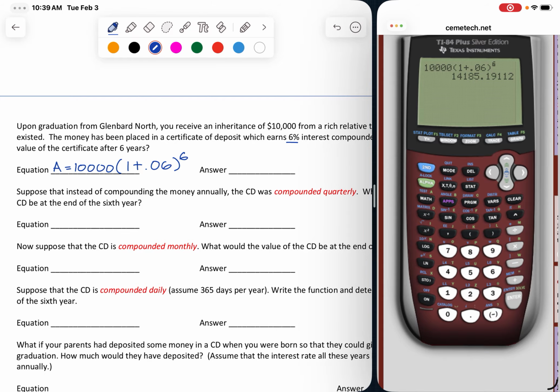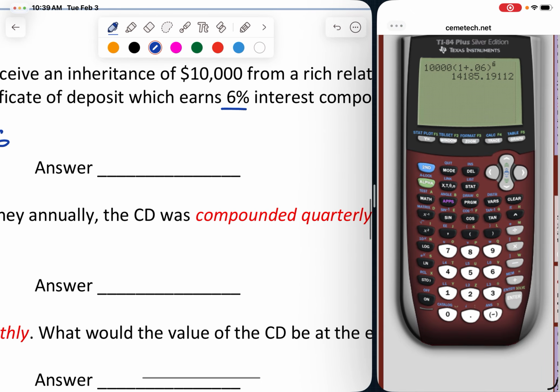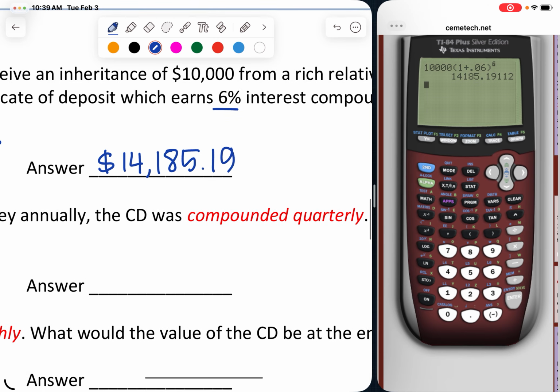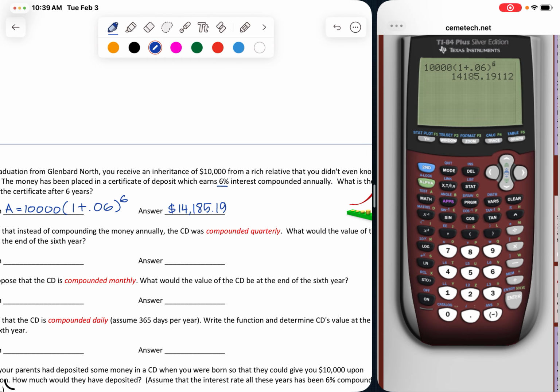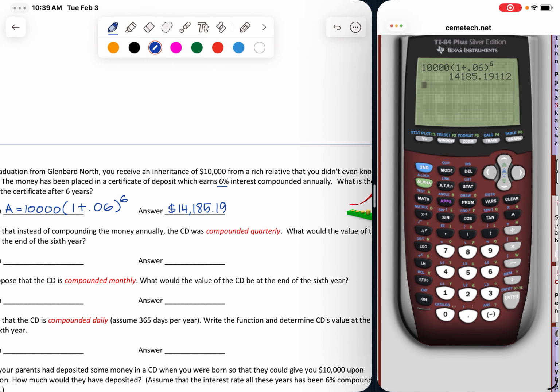This is money, so we are rounding to the nearest cent. $14,185.19. Looking at this over here, it's 19 with a 1 next to it. If it was 19 with a 7 next to it, we would have put 20 cents.